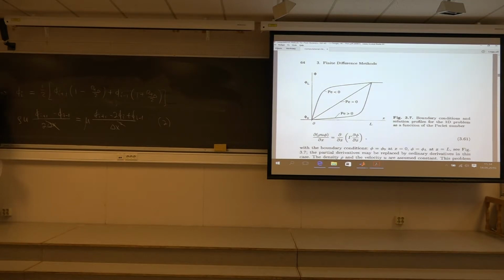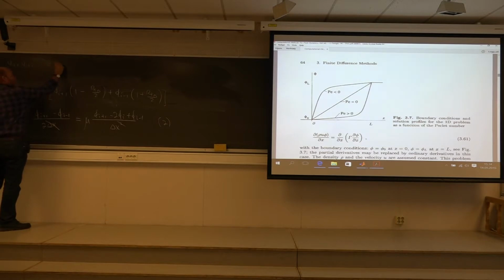Well, to use this max-mean method, or the positive coefficient method, first you have to check the sum of all the coefficients. What are the coefficients here?